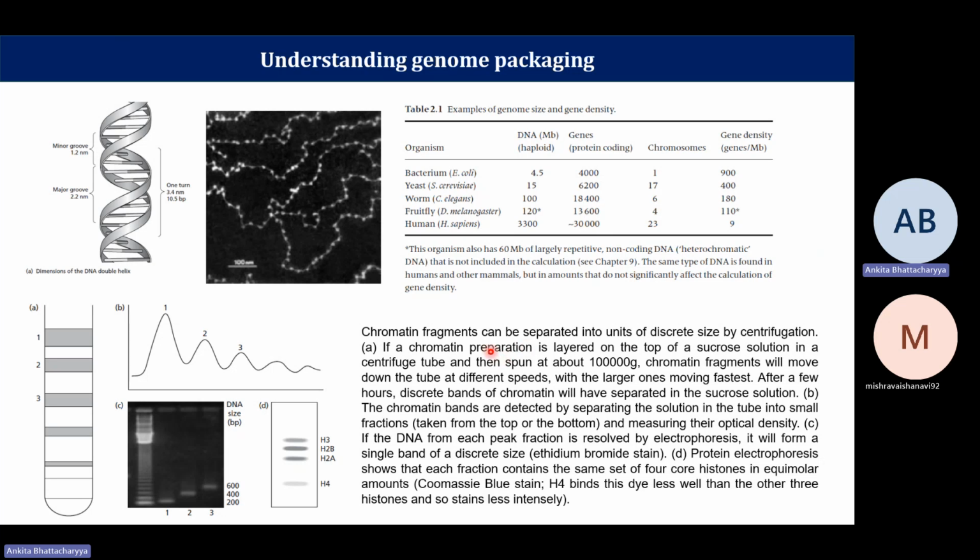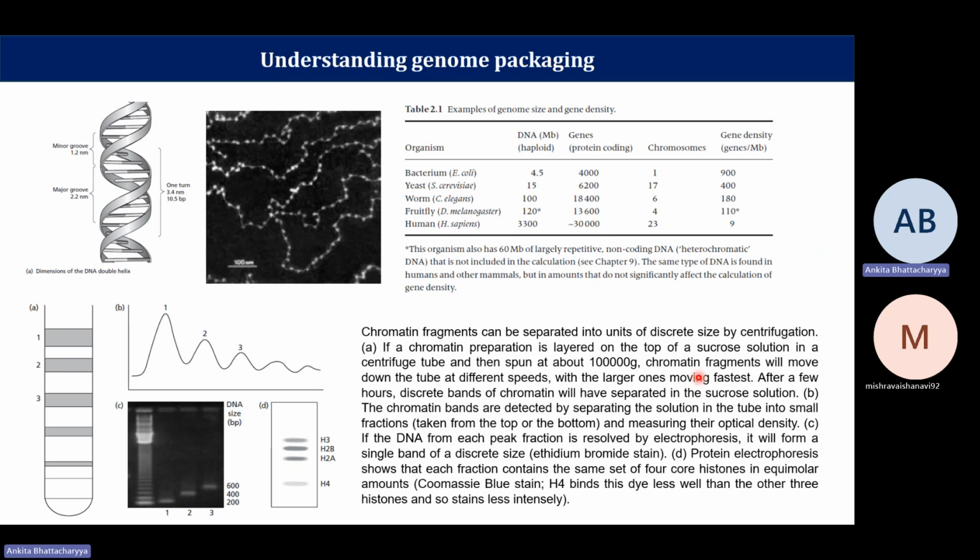For that, you prepare chromatin and layer it on top of a sucrose solution in a centrifuge tube, and then spin it at very high speeds. As a consequence, the chromatin fragments will move down at different speeds. And after centrifugation, what you expect to see is that the largest proportion of the chromatin preparation will settle down.